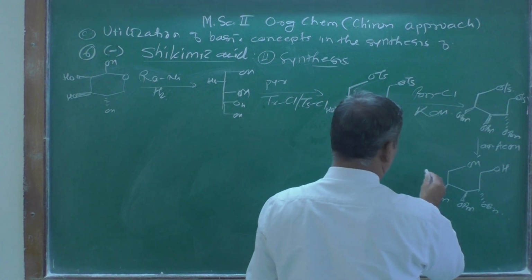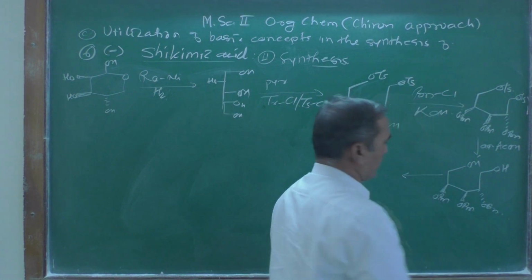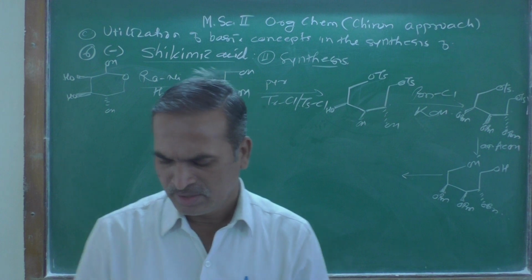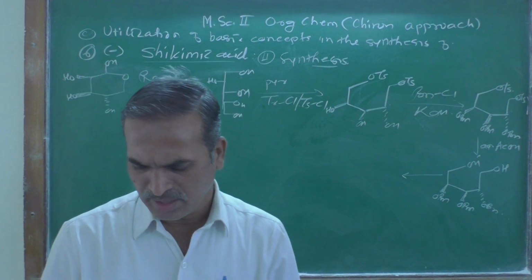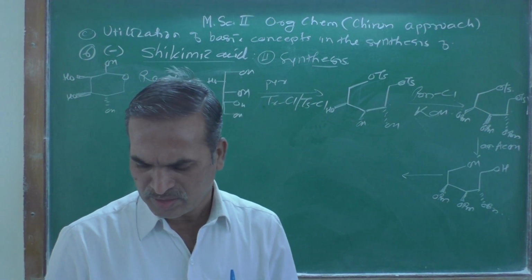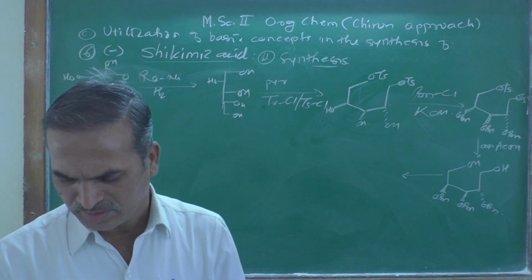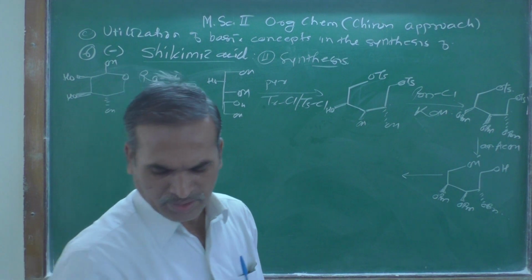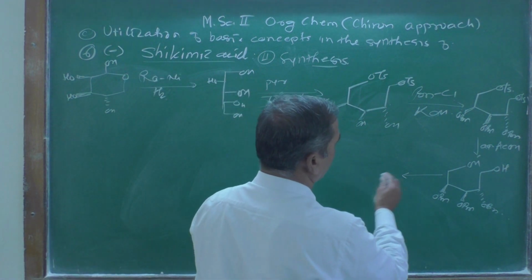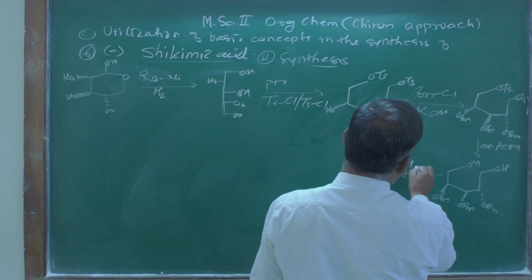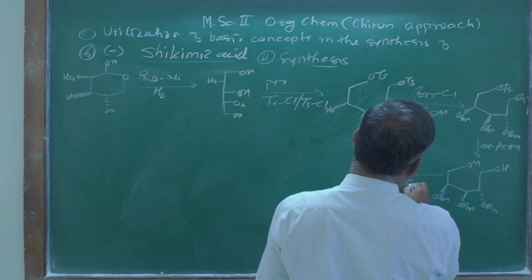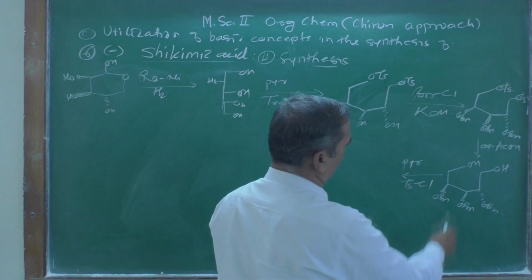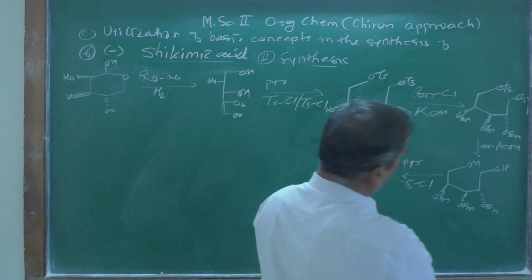These three groups remain as they are, and then this will be further treated with pyridine, in presence of pyridine, again TsCl, tosyl chloride. Again this group gets protected.